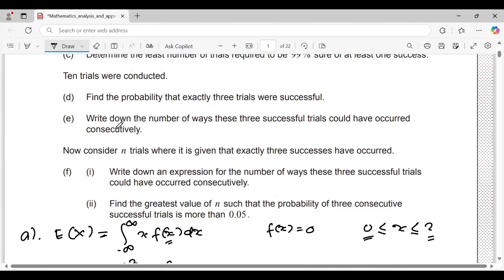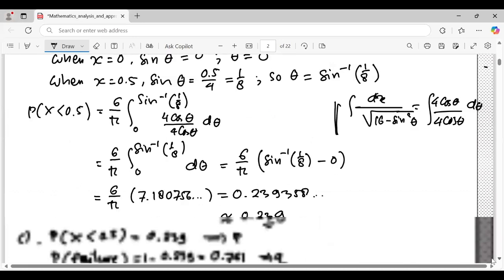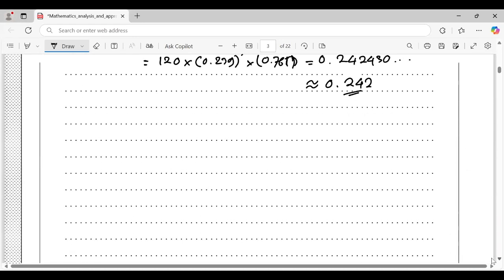E. Write down the number of ways these 3 successful trials could have occurred consecutively. Part E. We are asked for the number of ways 3 successful trials can occur consecutively in n equals 10 trials.